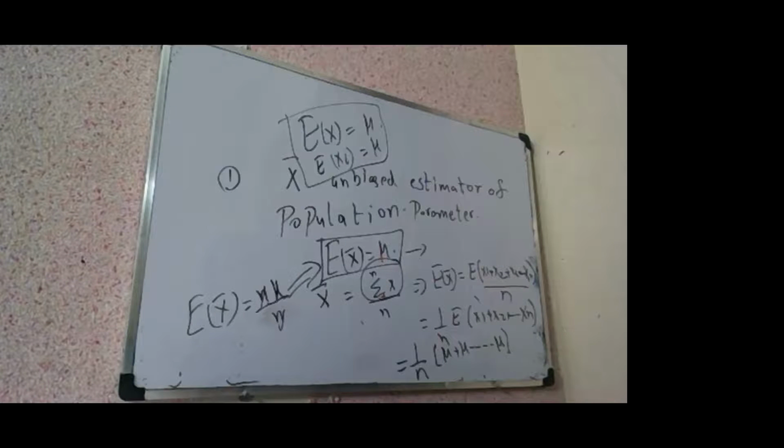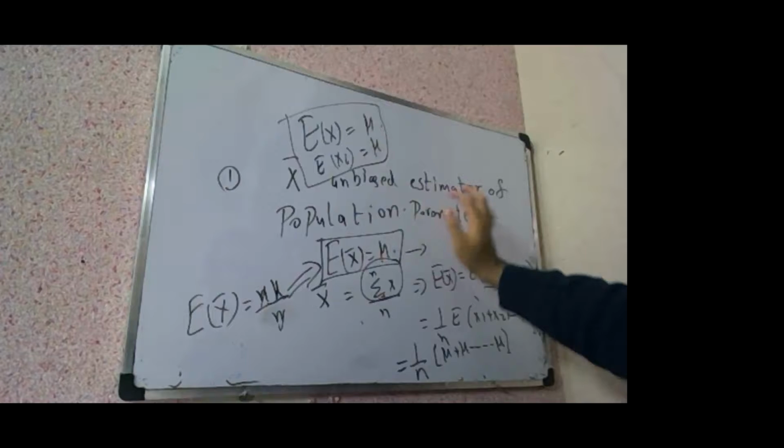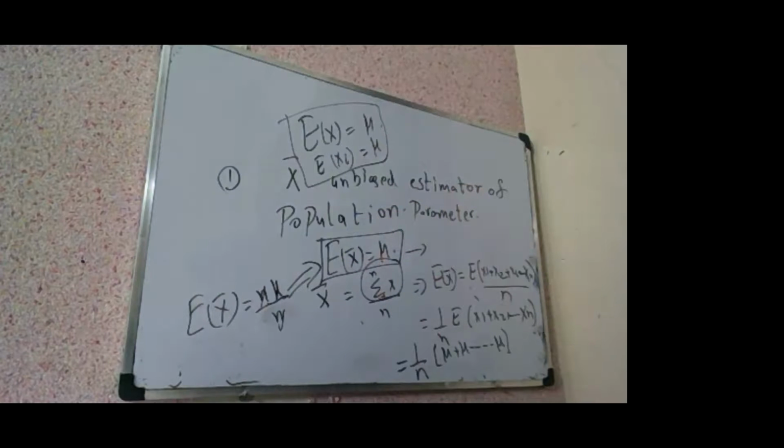Do you understand? Is it clear? That is how the expected value of x bar equals mu.